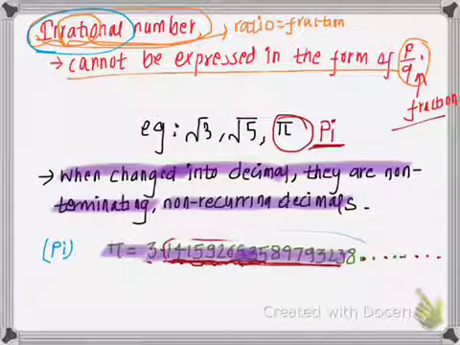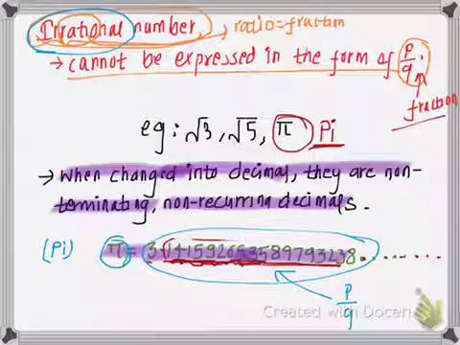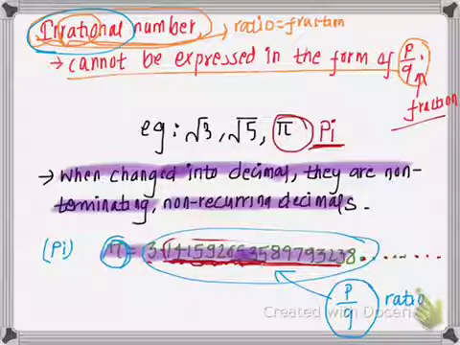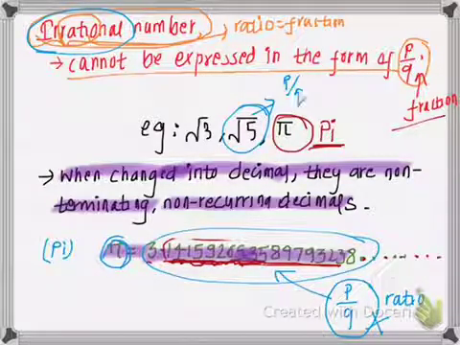And there is no fractional number that gives the exact same value as pi. We cannot represent pi in the form of any fraction or ratio, so it is irrational number. Also, root 5 is an irrational number because we cannot express it in the form of ratio.